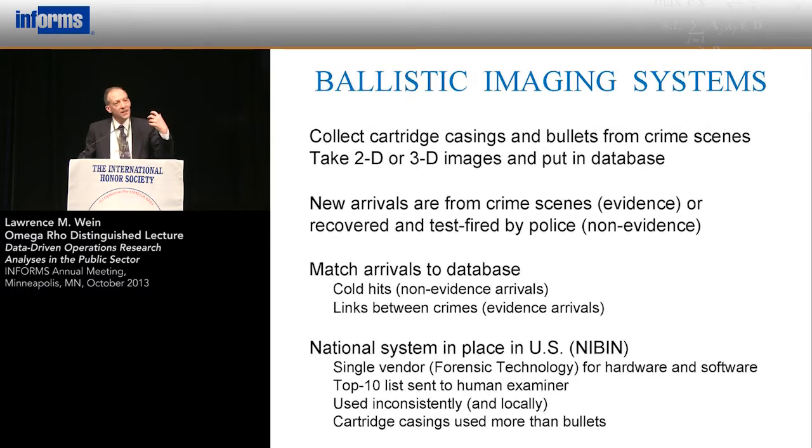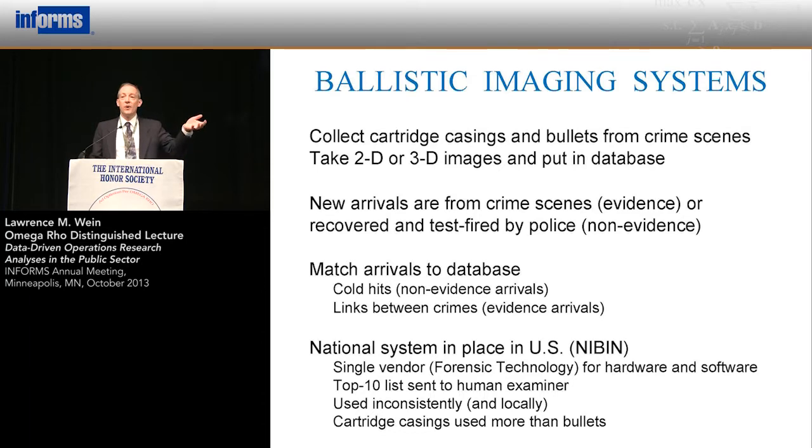So the idea is that each unique gun might give scratchings that are maybe not unique, but are really quite characteristic. When you get a new crime and a new casing, you compare it to everything in the database, and if you get a hit, that means there's a link between these two crimes.